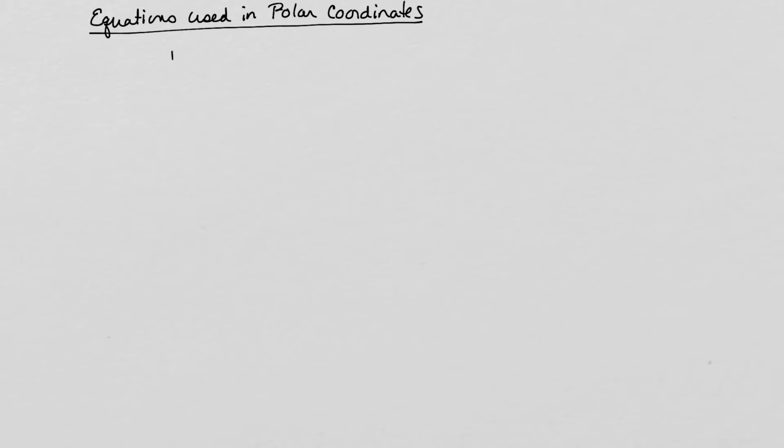If we look at a generic example of what I just did, I have this point, (x, y). Just like before, I can make a right triangle, and this is my angle theta, and this is that r.